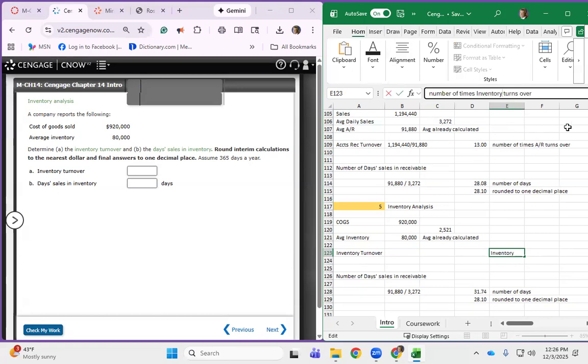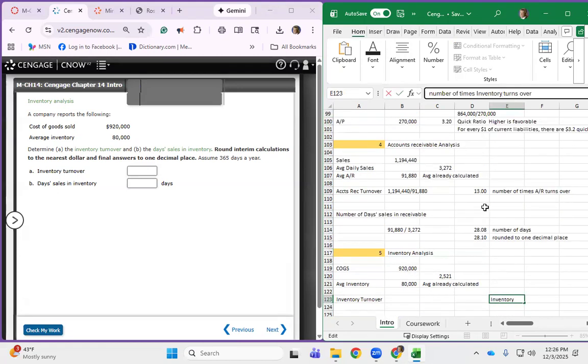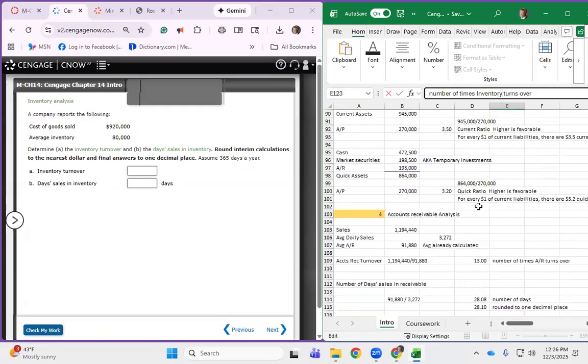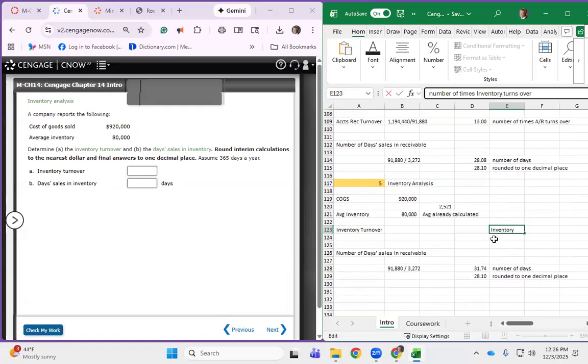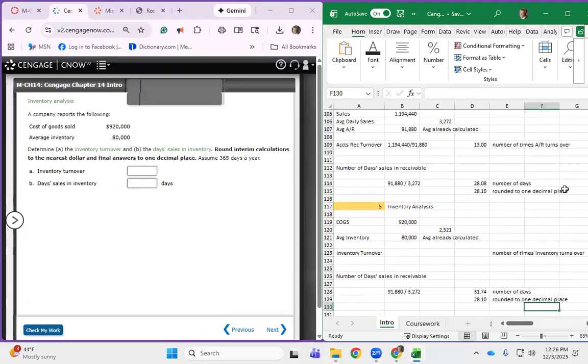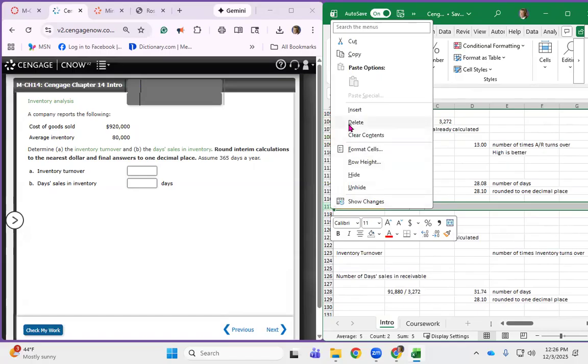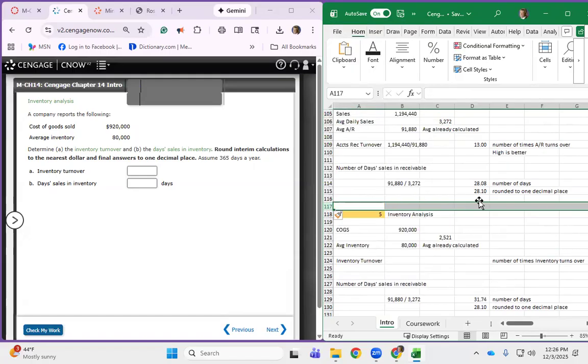Once again, I want to use the phrase higher is favorable, because sometimes it's hard to remember. Well, if this is going up, is that a good thing? Yes. So this one, higher is better. This one, for the days, how many days is it going to take to collect something?